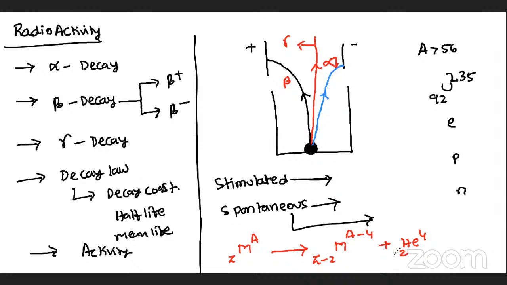The alpha particle contains 2 protons, so it will be deflected towards the negative plate. This is the reaction for alpha decay.